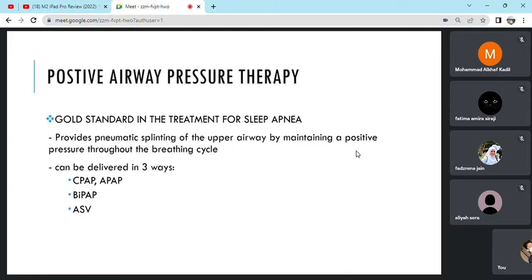They prevent the collapse of these upper airways. Kaya continuously during the breathing cycle, the positive pressure will prevent the collapse of the upper airway. Kaya mapiprevent din yung obstruction that you see in the airways of these patients. So that's basically the principle of positive airway pressure therapy.